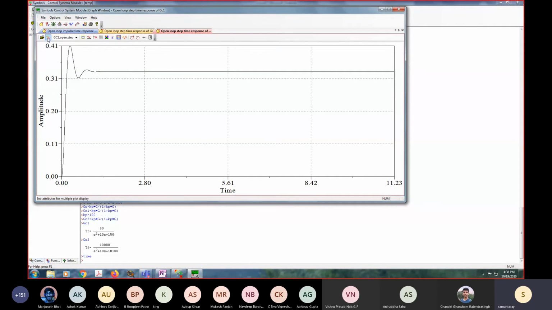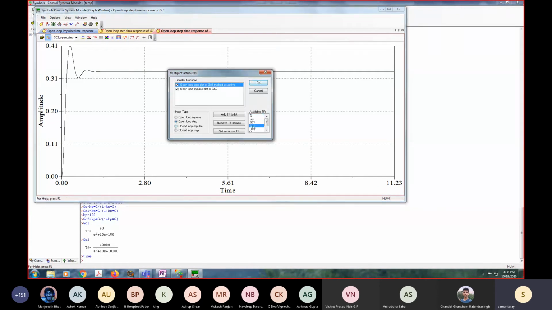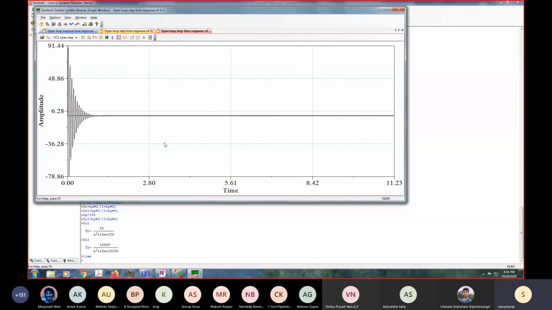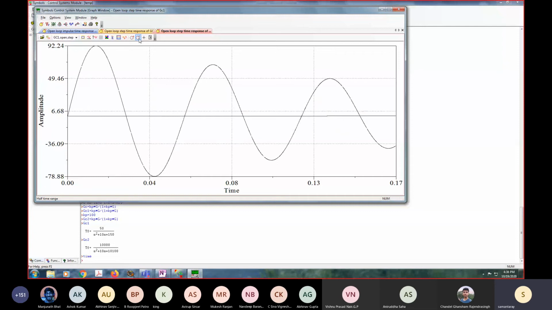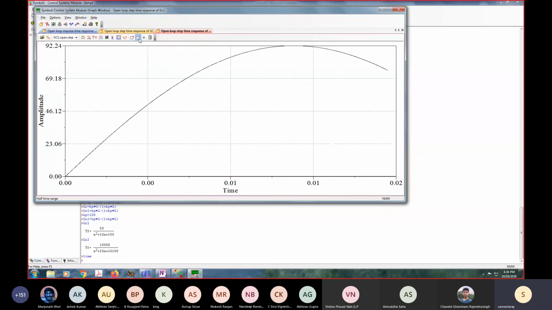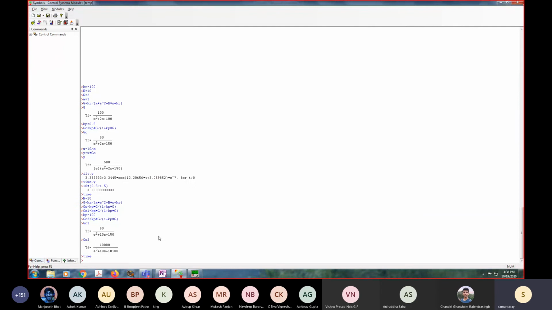And now over this I plot GC2. Two things are there. Oh, too much gain. I have given too much gain. Maybe a little less, Kp equal to, let's say, 10 or 5 maybe.